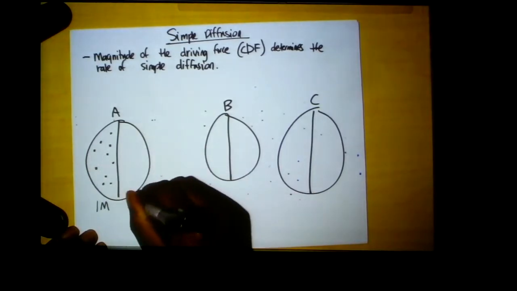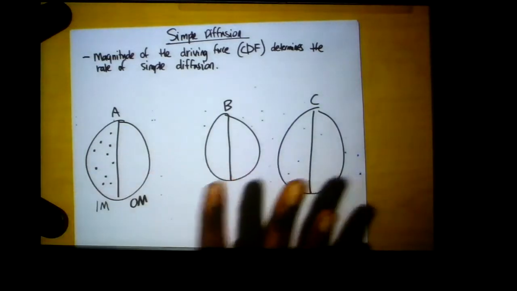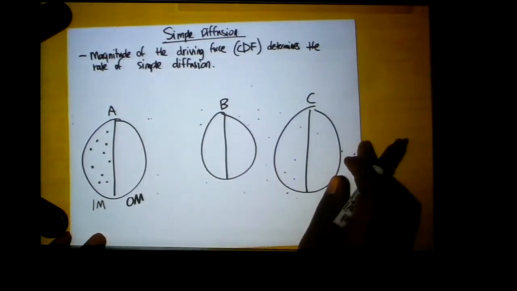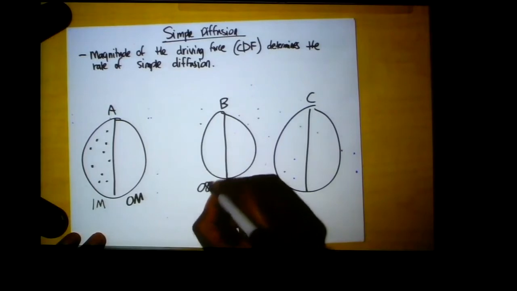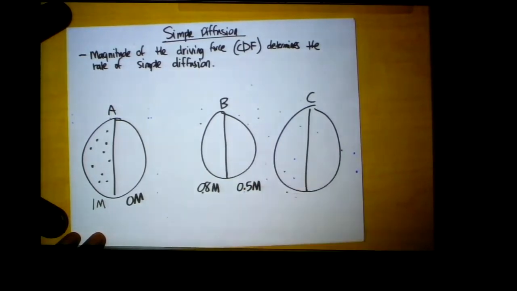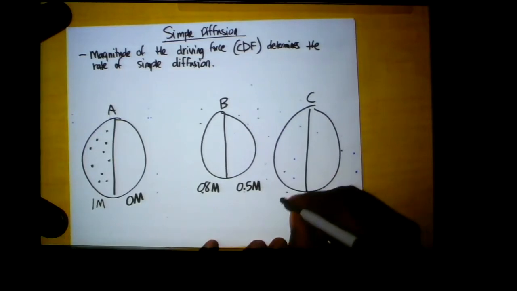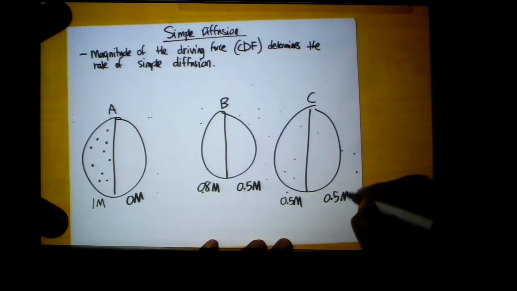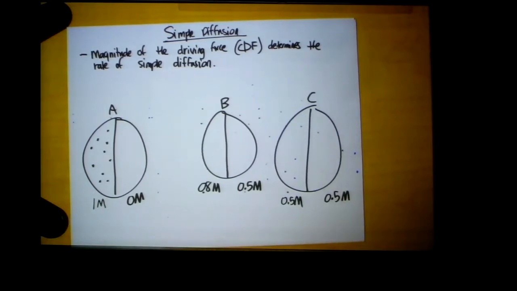Whereas we have 0 moles here, and this is basically no solutes, so that's pure water, okay? In this second cell here, we have 0.8 moles, and then we have 0.5 moles, so slightly less. And then in C, we have the same concentration of solutes on both sides, okay?